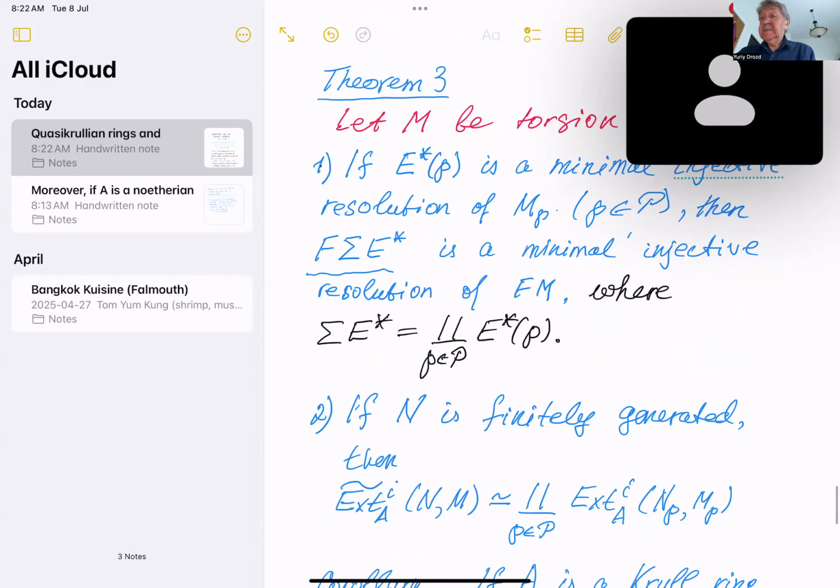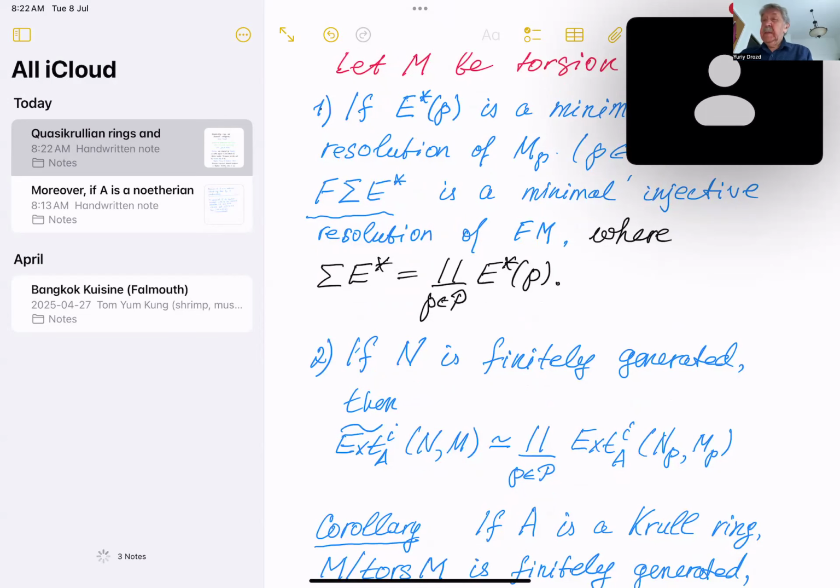And if N is finitely generated, then tilde Ext, that means the Ext in the tilde category of N with M, is equal to the coproduct of Ext_i of localizations.